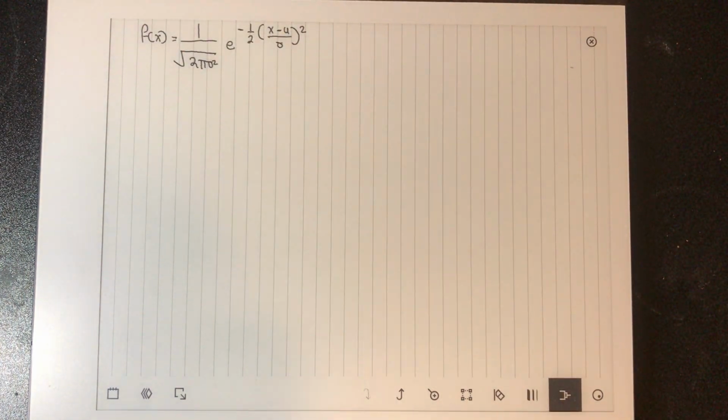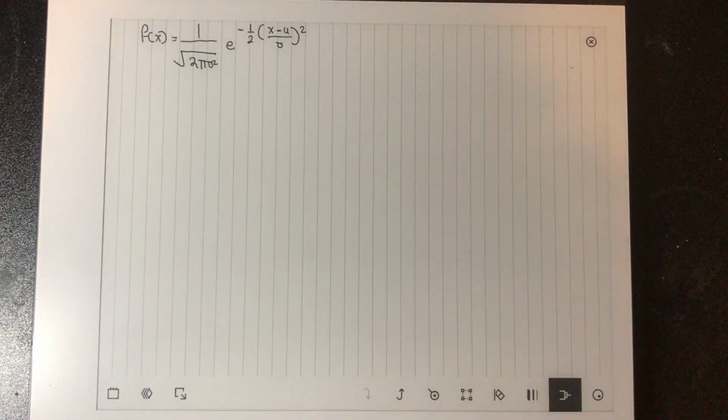That is equal to 1 over the square root of 2 pi sigma squared multiplied by e to the power of -1/2 multiplied by (x minus mu divided by sigma) all squared. And that is the PDF of a normal distribution.